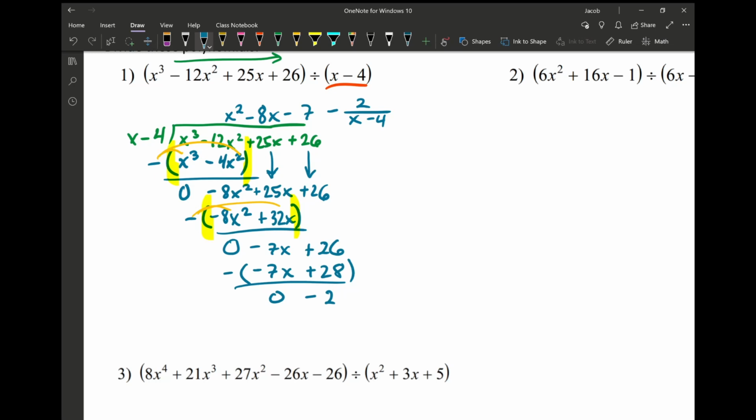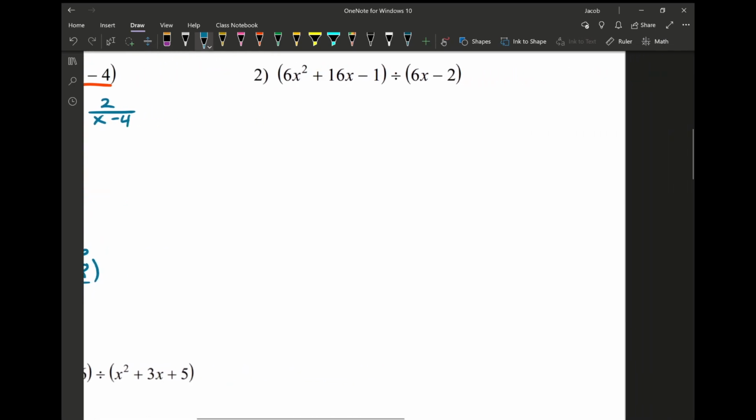And then here in number 2, I want to do this one with a binomial that is our divisor. So 6x minus 2 is dividing 6x squared plus 16x minus 1.